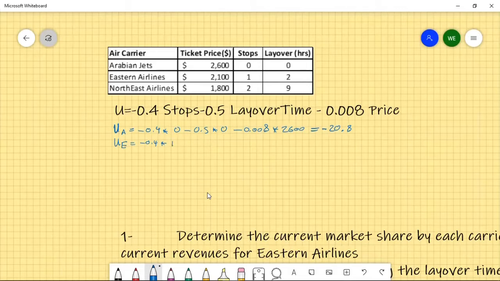So this one is 1, minus 0.5 multiplied by 2, minus 0.008 multiplied by 2100, equals minus 17.4. Good.